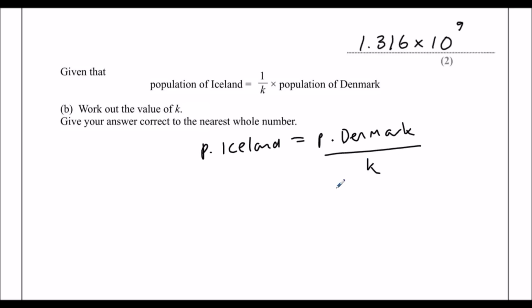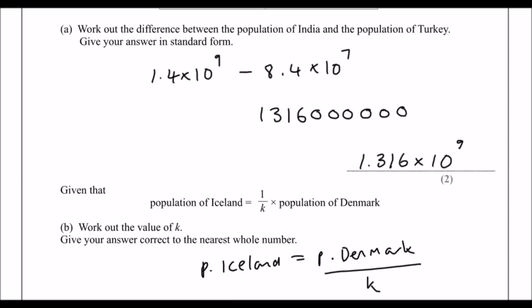What is that number? So what do you have to divide the population of Denmark by to make it the same as the population of Iceland? So to work out that, we can take the population of Denmark and divide it by the population of Iceland. And that will tell you how many times bigger the population of Denmark is than the population of Iceland.